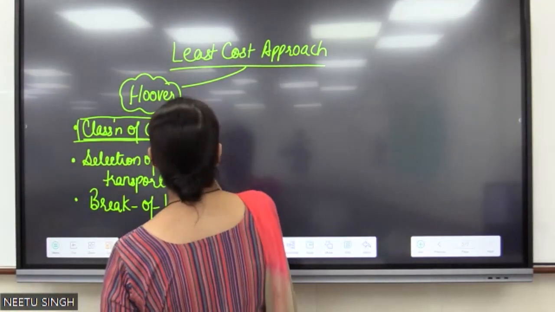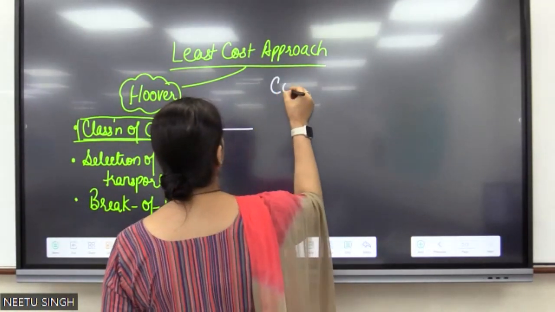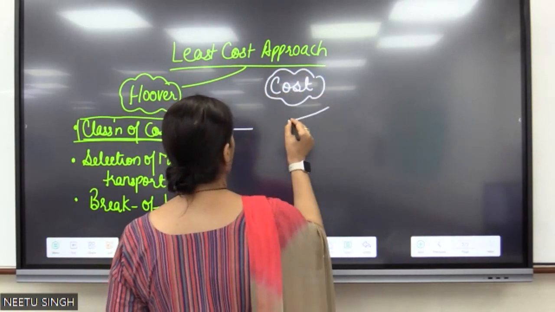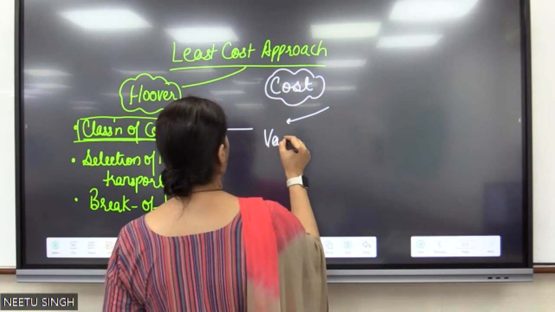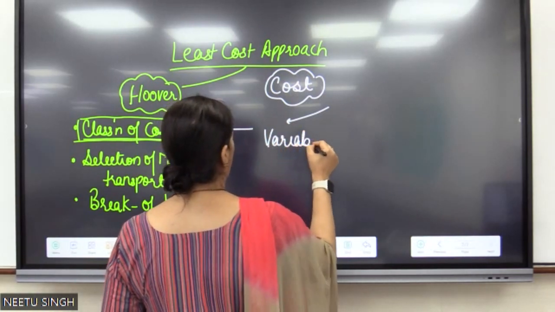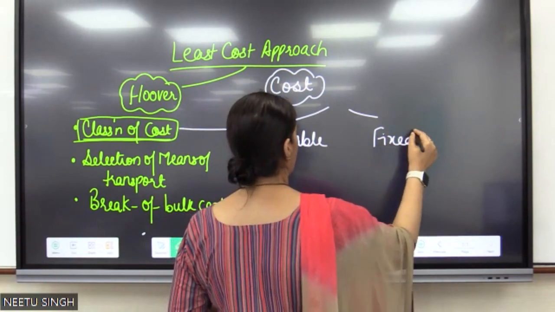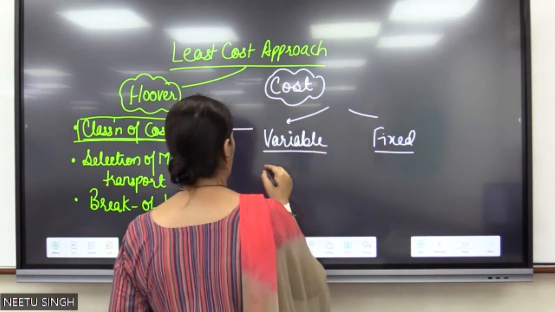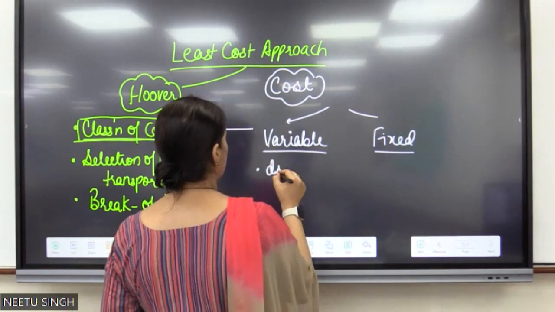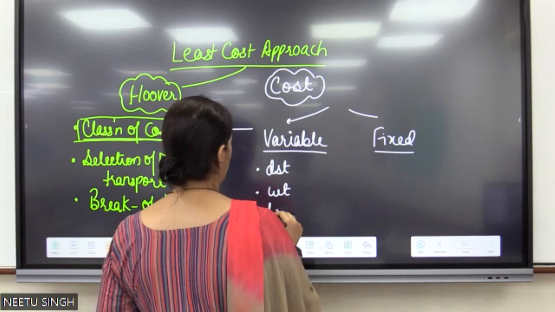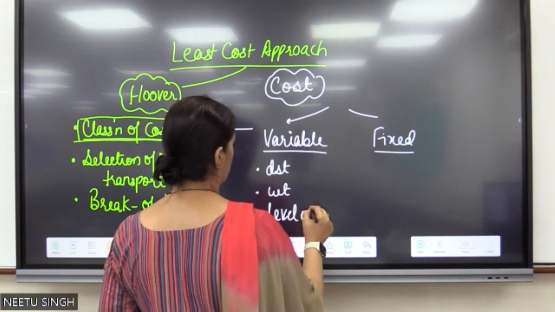So how many types of cost has Hoover given us? He has given us two types of cost: cost one, variable cost, and cost two, fixed cost. Please understand it, then I'll make you write. Variable: distance traveled, weight displaced, and level of processing.